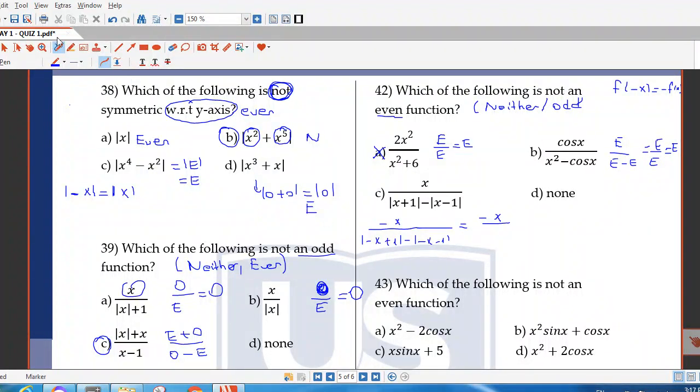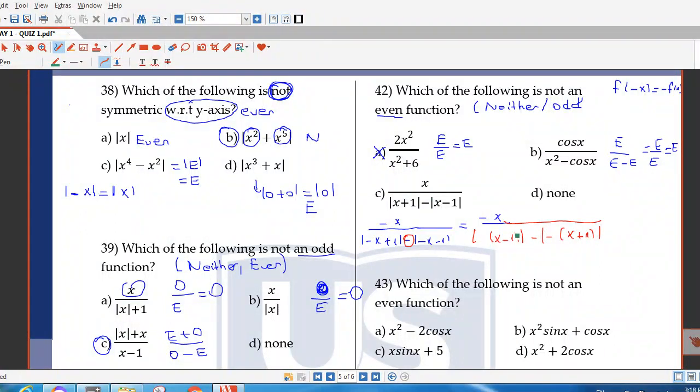So let me see something here. What do I mean? Instead of the absolute value of negative x plus 1, I can write the absolute value of negative of x minus 1. Minus the absolute value of, since x has a minus sign, the minus can be taken outside, x plus 1, by using the property that I mentioned.